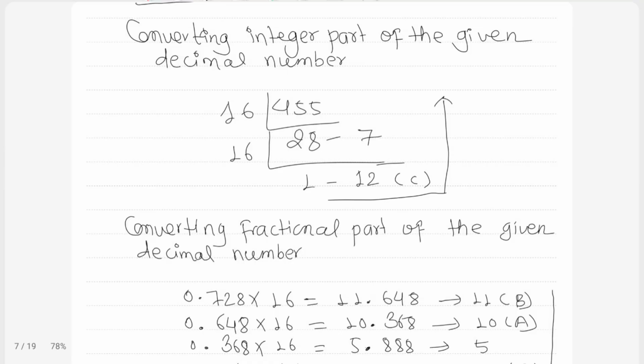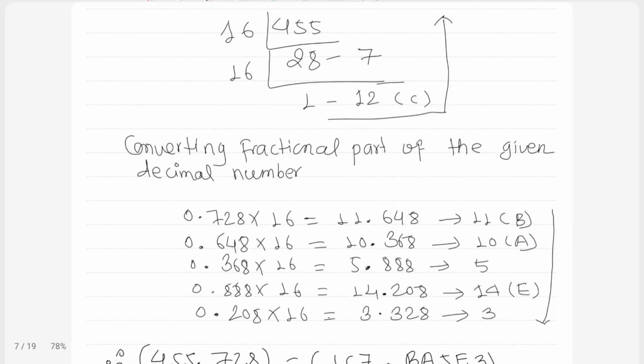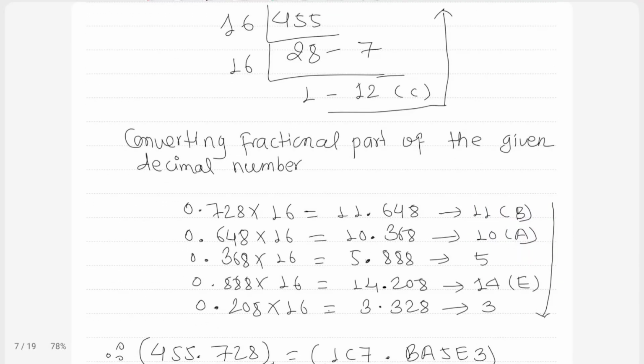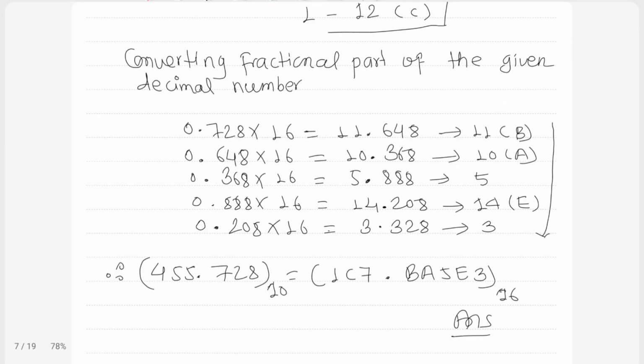The fractional part we multiply by 16, and the integer part we put from here, and again the fractional part into 16, values from top to bottom. And hence 199.728 base 10 equals to C7.BA5E3 base 16 is the answer.